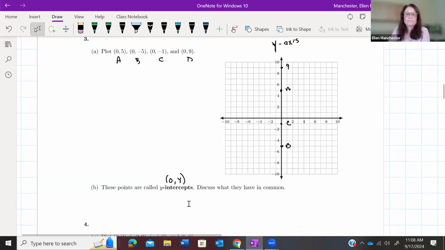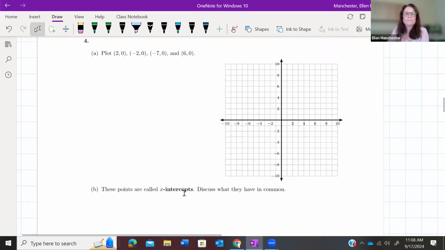Okay. All right. Number 4. Now do some x-intercepts. So x-intercepts, you have the x value. The y is 0, so it's all going to sit right on your x-axis. This is your x-axis.